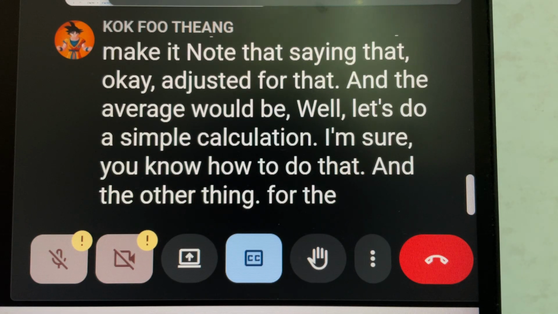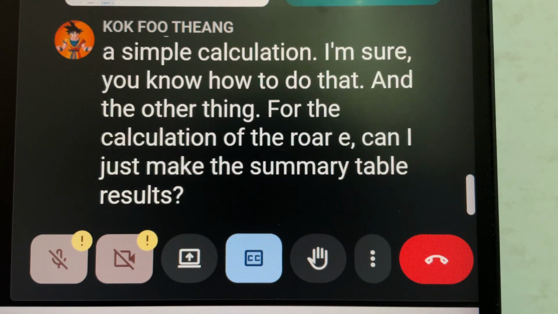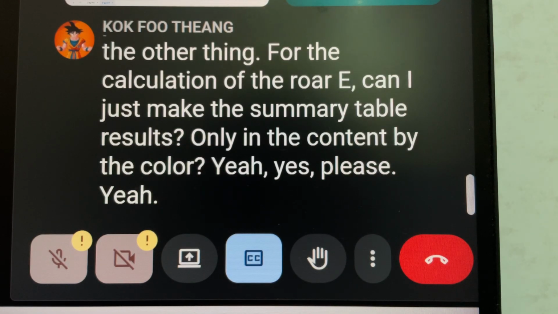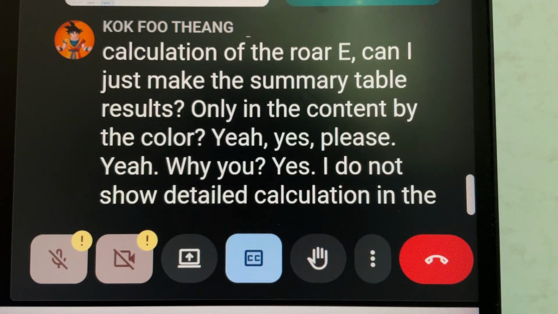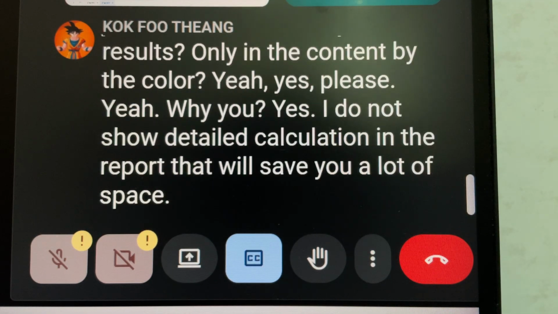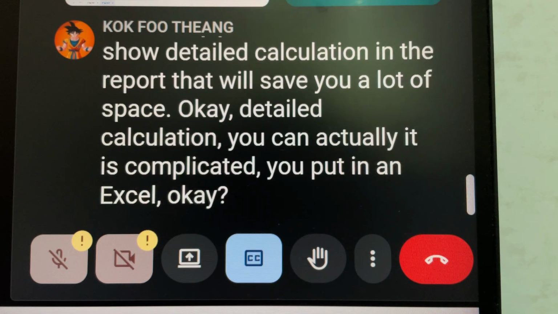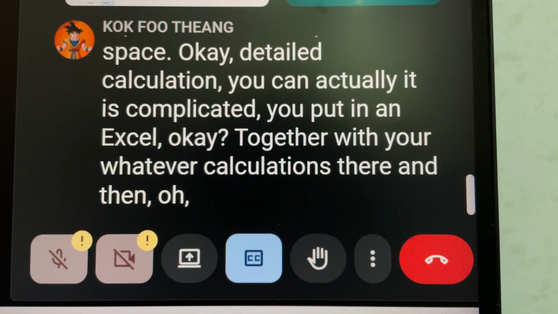For the calculation of the ROA, ROE, can I just make a summary table, results only in the content? Yes, please. Do not show detailed calculation in the report. That will save you a lot of space. Detailed calculation, if it's complicated, you can put in the Excel, or you can just put it in the appendix.